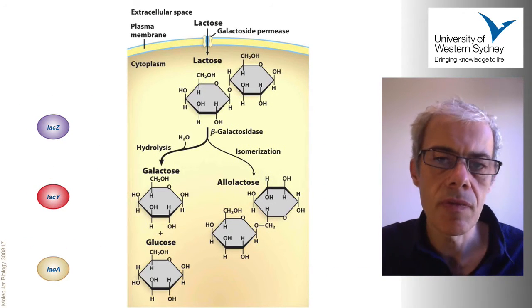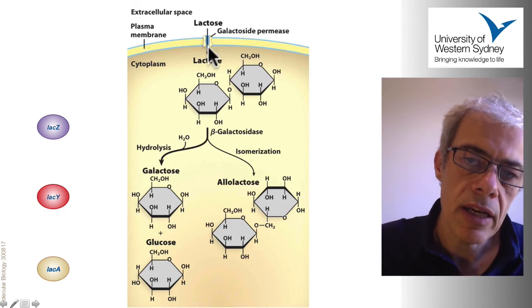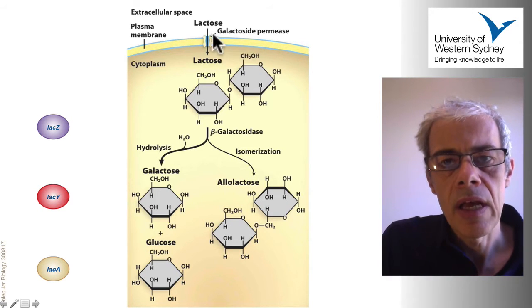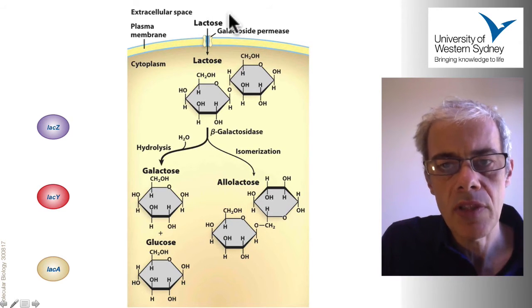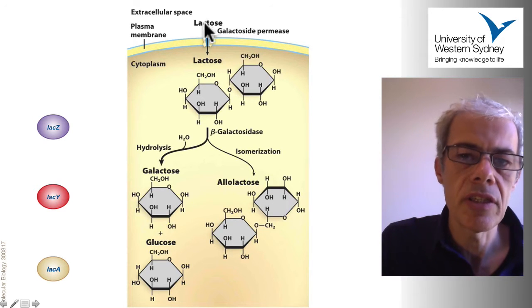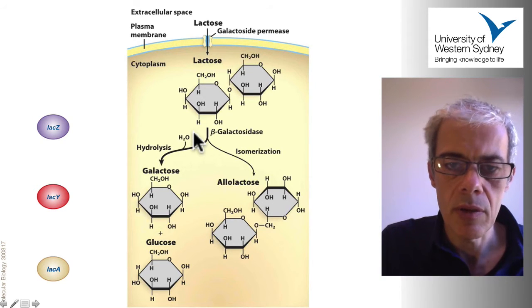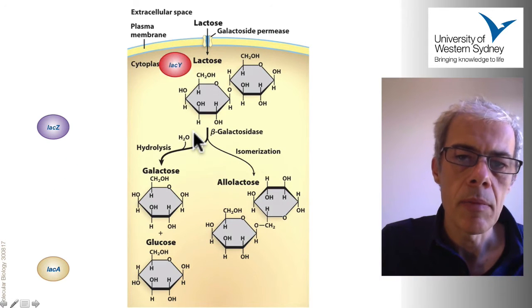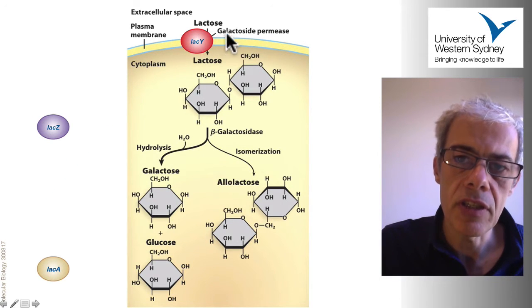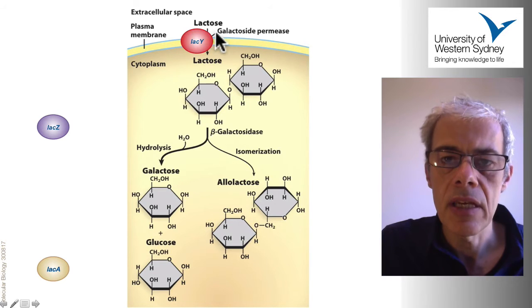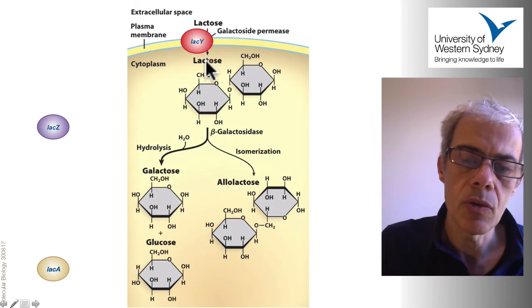So in terms of looking at a cell here, we have lactose outside the cell, and that lactose needs to get inside the cell. Effectively, the product of the LacY gene, which is the galactoside permease, allows lactose to be transported into the cell.